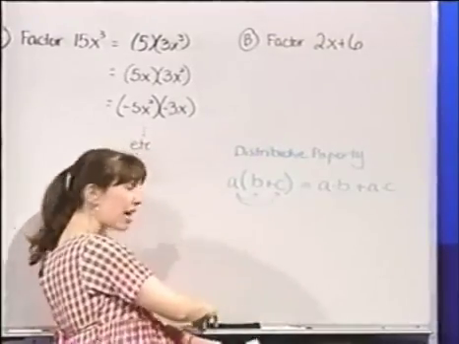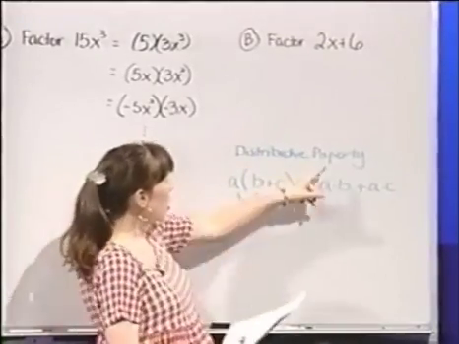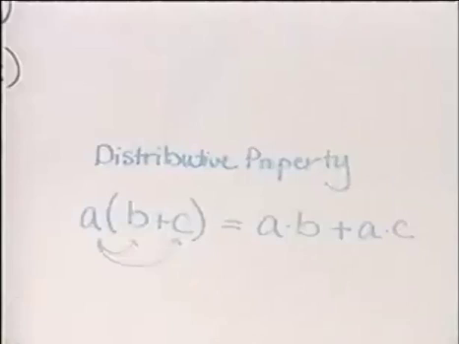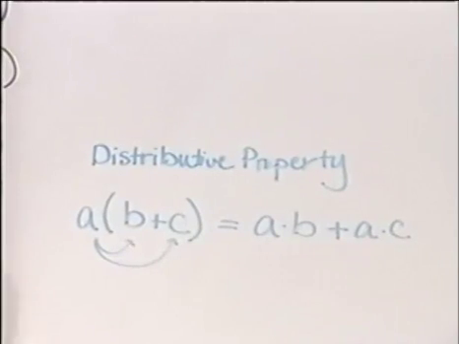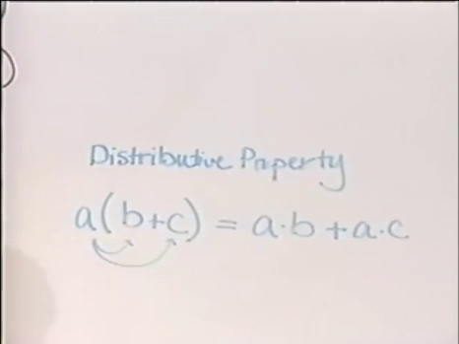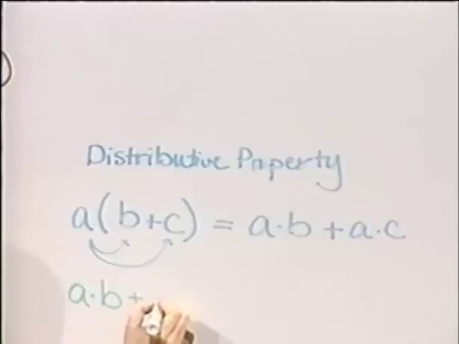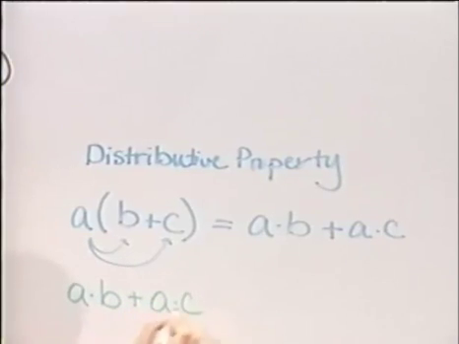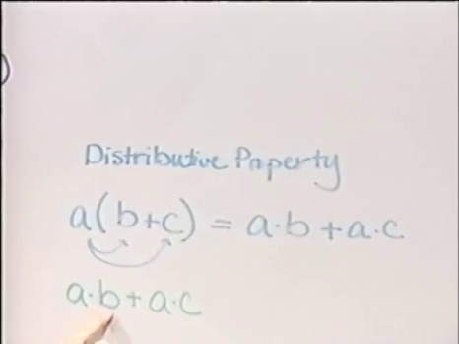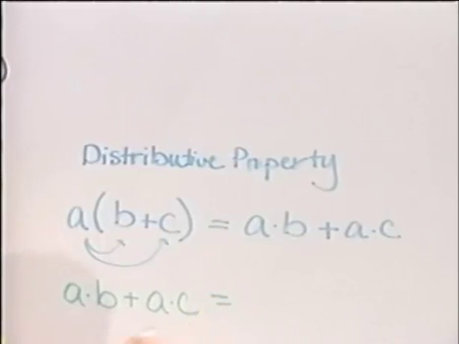Well, when you factor, you're going to use the distributive property, but you're going to use it in the reverse process. Meaning, instead of starting with A times this, we're going to start with this part here. We're going to start with A times B plus A times C. So some number times some value B plus some number or some expression times some value C. And what we're going to do is say, okay, let's write that backwards.